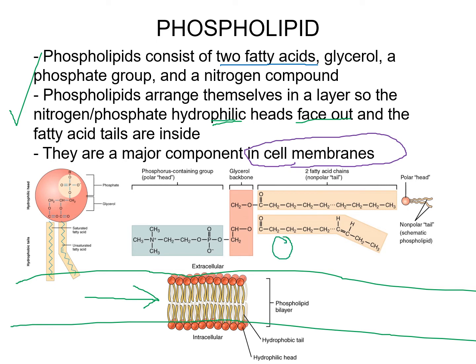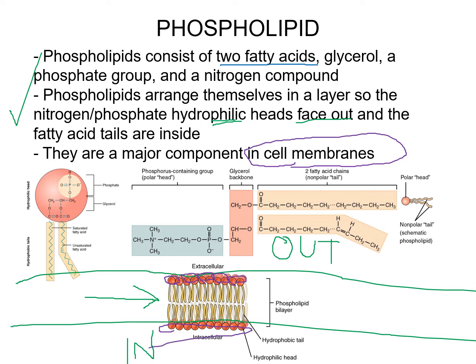So this would be the outside water compartment. This would be the inside water component. These little red circular heads are the phosphate groups, or the phosphorus areas, and they are hydrophilic. They don't mind water. They like water. So therefore, they are going to be actually swimming towards the water or touching the water. They don't have a problem with water.